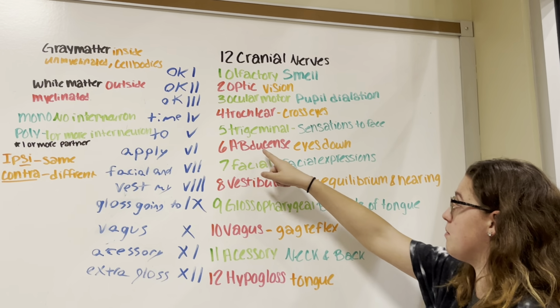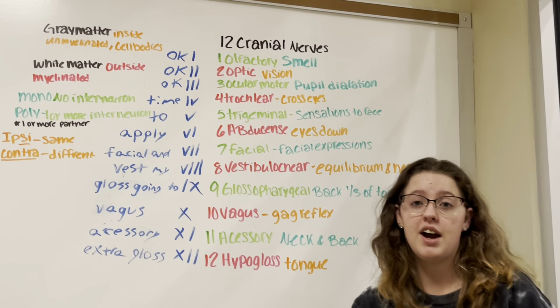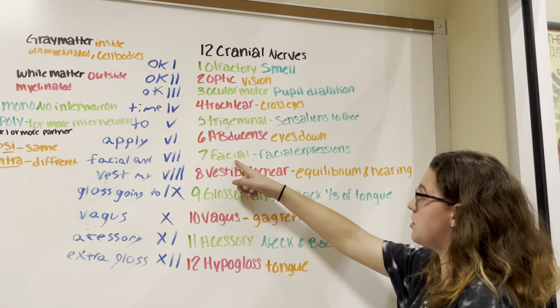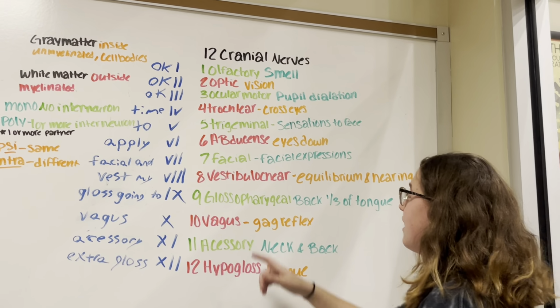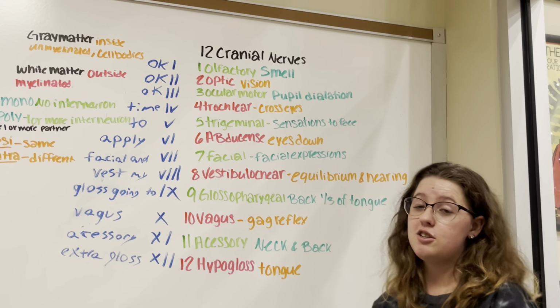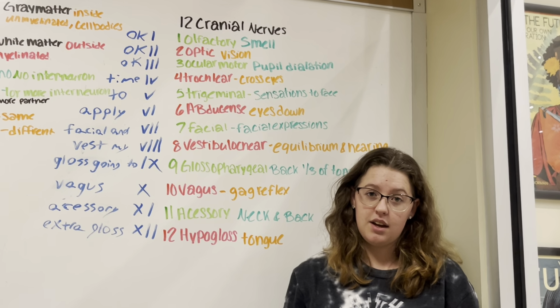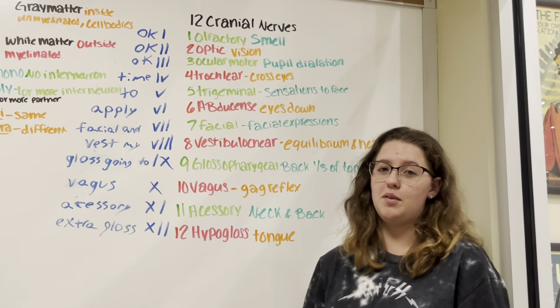Then you have abducens, which is going to be your eyes going down. And then you have facial. I like saying facial. Facial, this is going to be facial expressions. So, happy, sad, crazy, whatever.